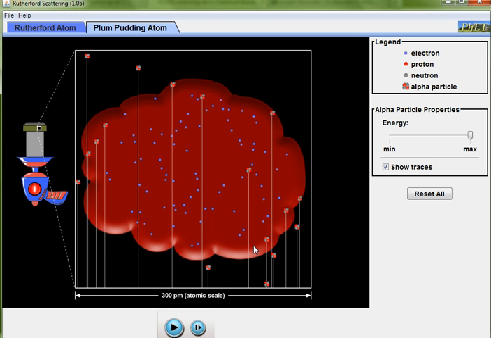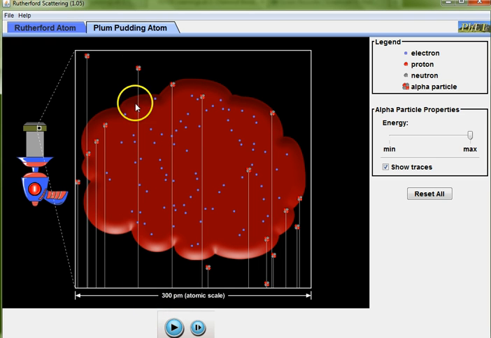That would be a correct prediction, and that's why this model was proposed. Because the electrons are spread all over the atom, the positive charge is in effect negated by the presence of electrons all over the place.